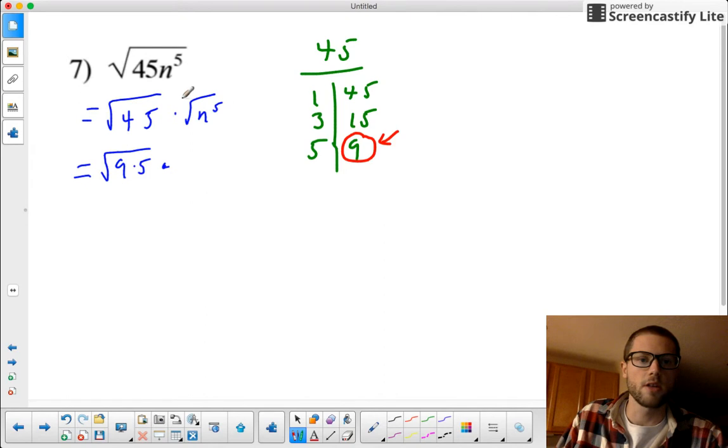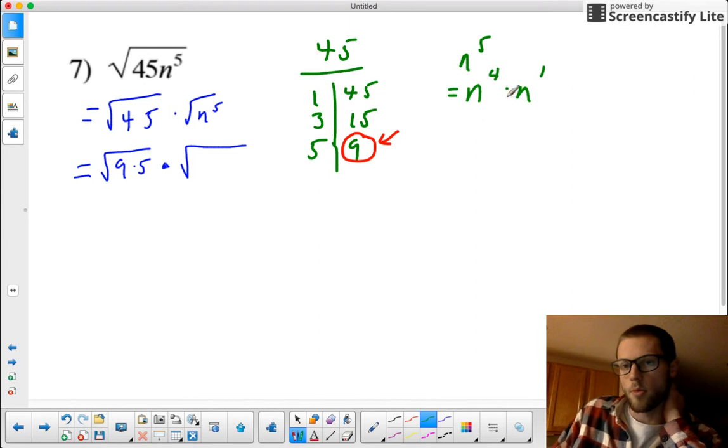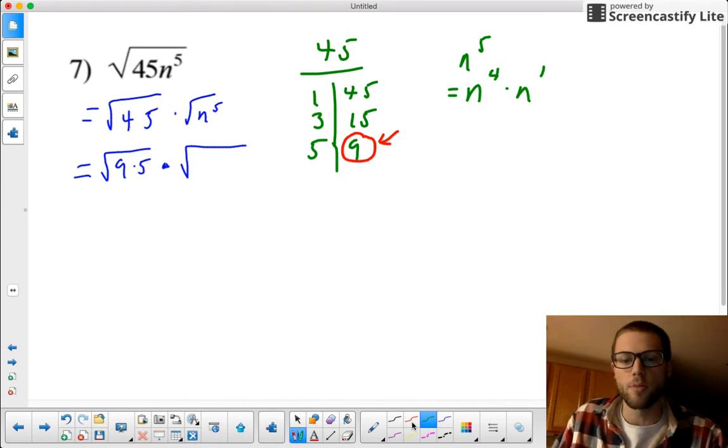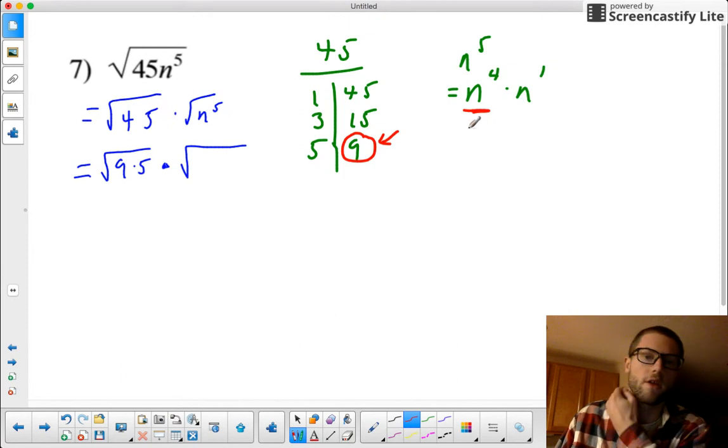And let's take a look at this variable next. So I've got the square root of n to the fifth, and that can be broken into n to the fourth times n to the first. And remember, when you are trying to find your largest perfect square factor of a variable, you're going to take the highest even number exponent that is less than the exponent you're dealing with.